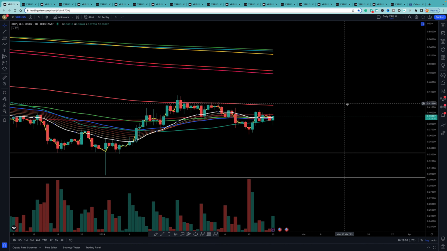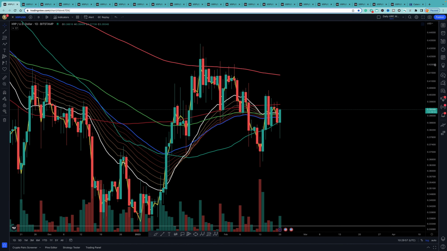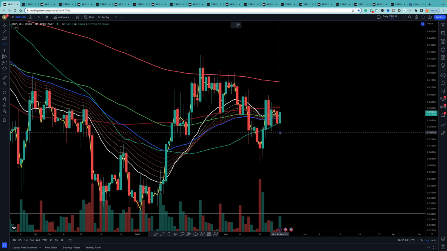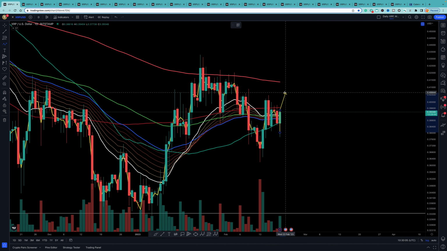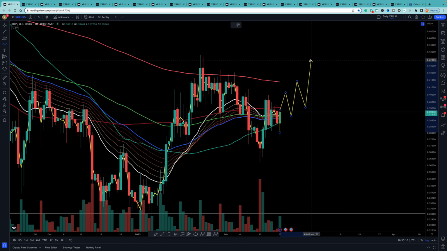So now when we go back to the daily, remember what I said about potentially price action here doing this gradual lift up.